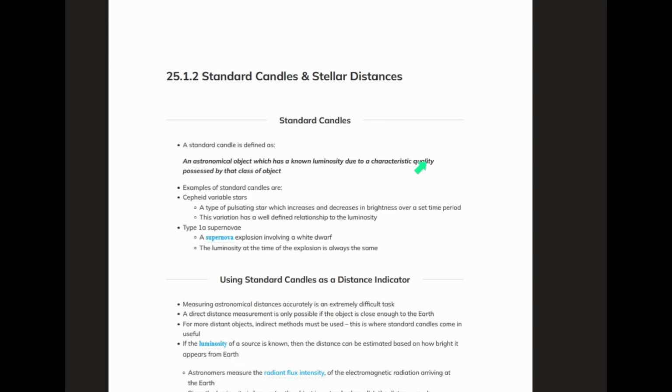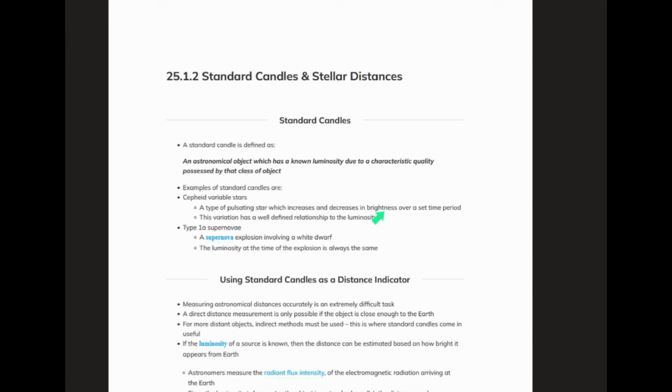An example of standard candles is the variable star, a type of pulsating star which increases and decreases in brightness.